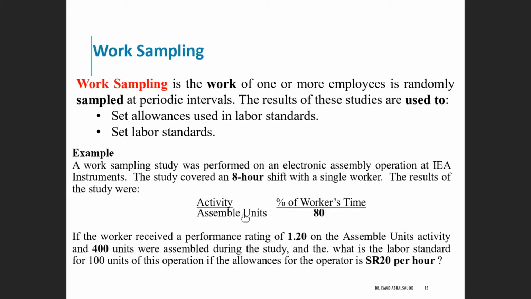If the worker received a performance rating, remember the performance rating set by them, of 1.2 on the assemble units activity, and 400 units were assembled during the study, you get this result.